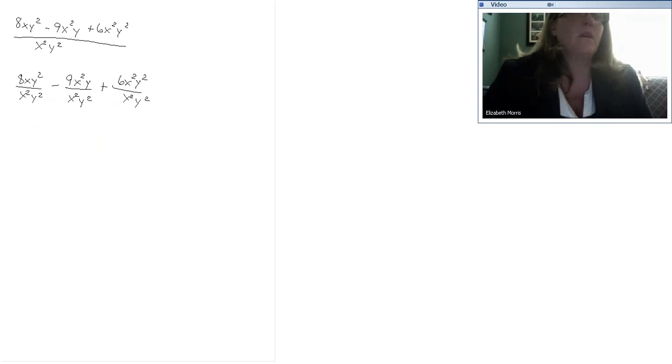Now, here, 8 and 1 doesn't reduce, but I have 1x here and 2 here. So that one's gone, and I'm left with 1. y squared and y squared are gone. So I'm left with 8 over x minus x squared gone, 1y and 2 y's means I'm left with 1y. So I have 9 over y plus x squared, y squared. So I just have 6. And that is the answer.